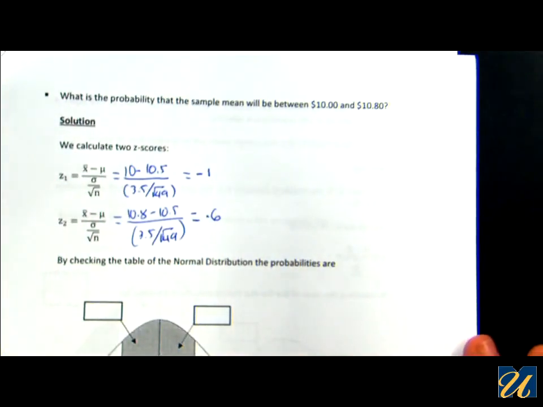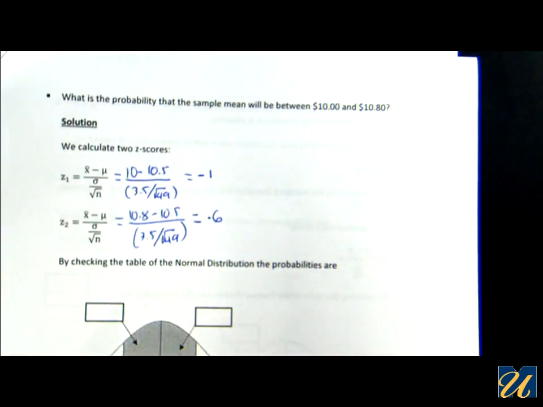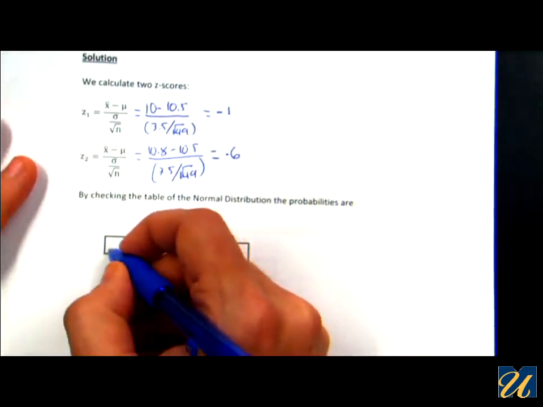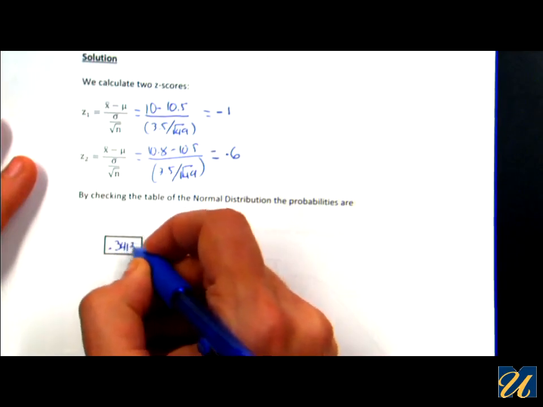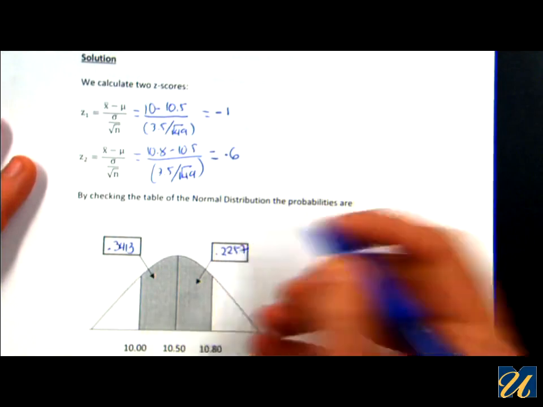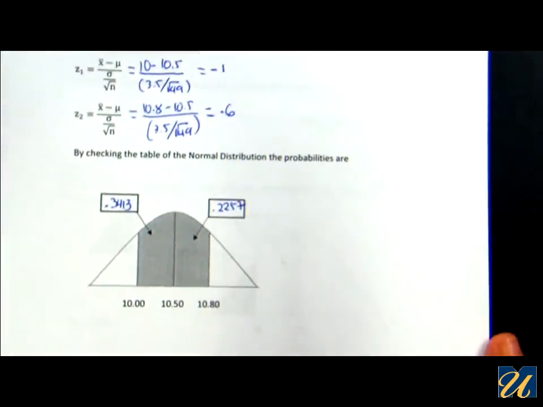We check the table for both z-scores. We take the absolute value for -1 and we check for 1.00. 1.00 will give us a probability of 0.3413 and 0.2257 for the rest of the area, for the corresponding area for a z-score for 10.8.